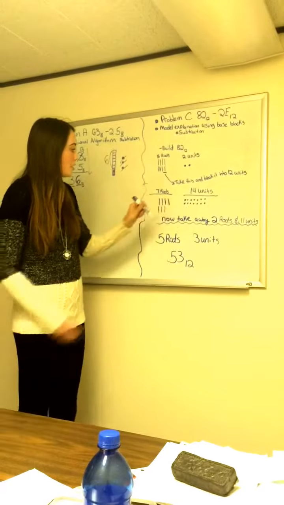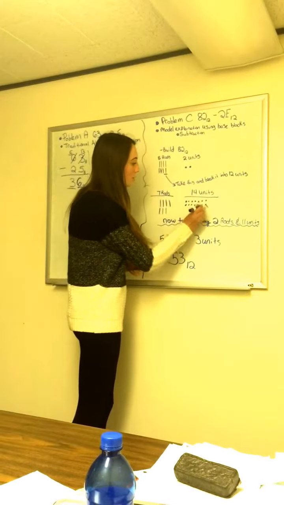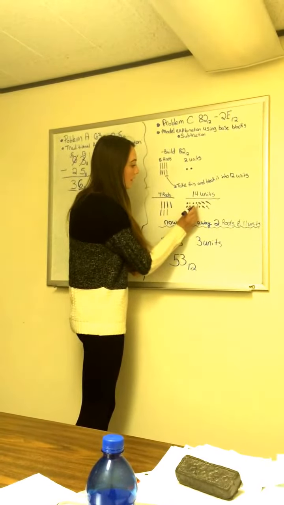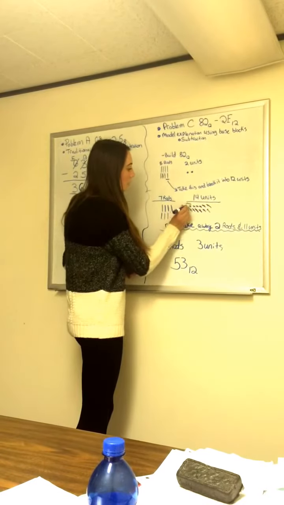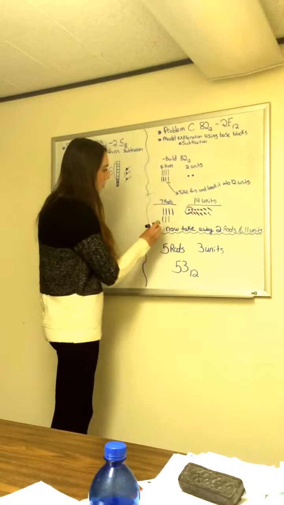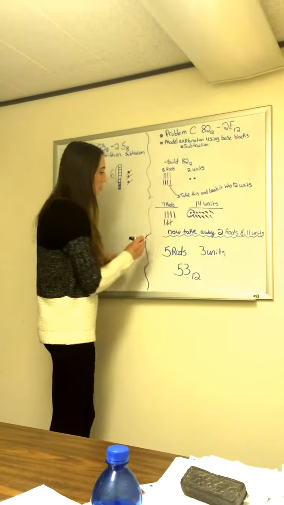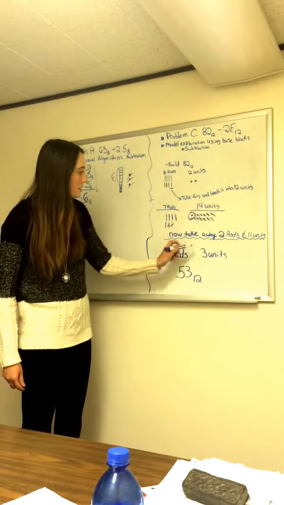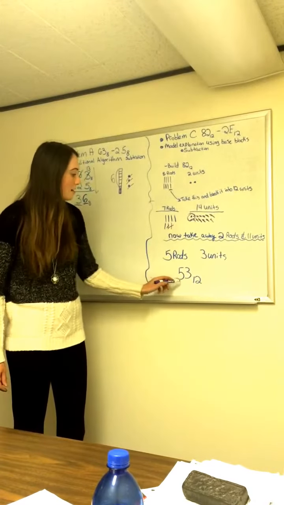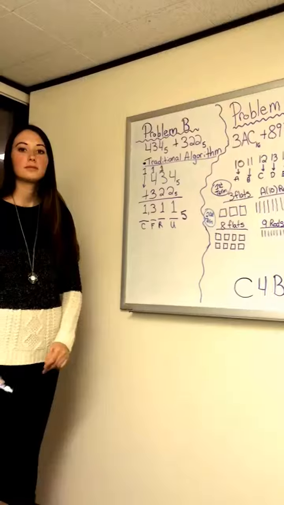So once we take 11, we'll have 1, 2, 3, 4, 5, 6, 7, 8, 9, 10, 11. We're left with 3 here, and we'll take away 2 here, which we're left with 5. So we have 5 rods and 3 units. So it's 53 base 12.